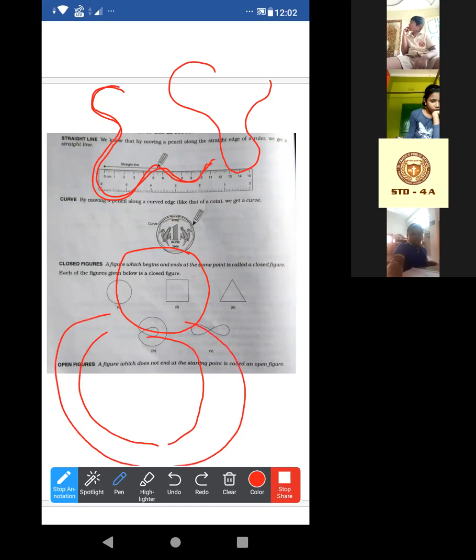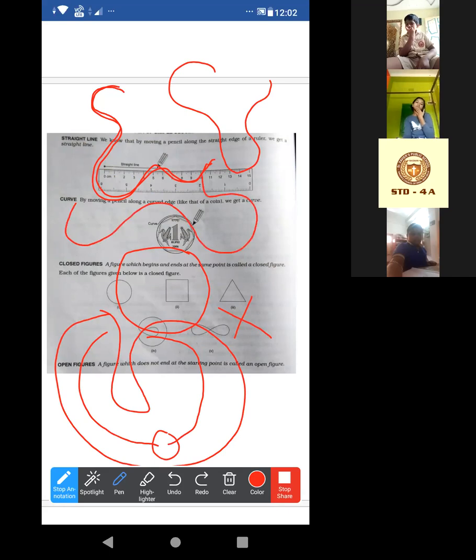This total figure will not be a curve. Got it? Because there is a gap. The pencil we have lifted, so the pencil should remain the same. We have to keep it same. Only in one time how much we can draw without lifting. Okay, got it? Is it clear to everyone?